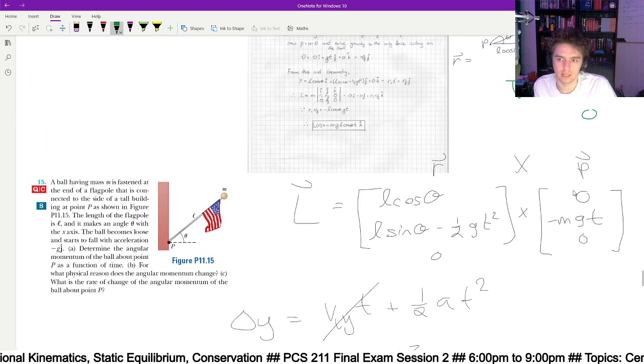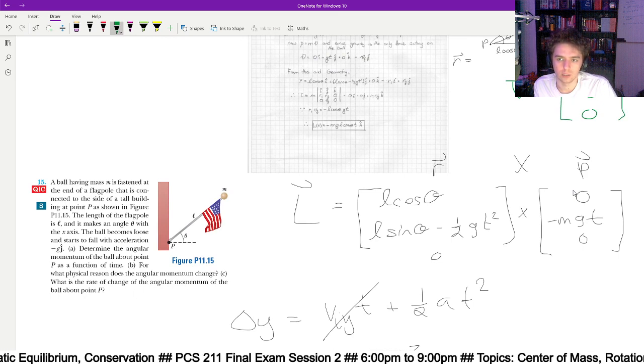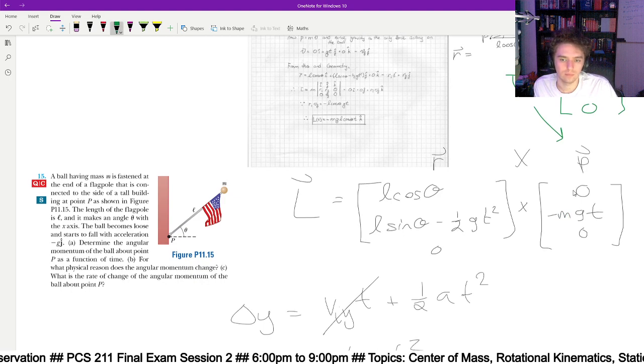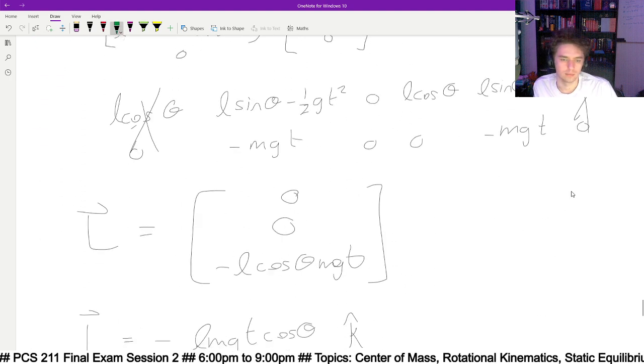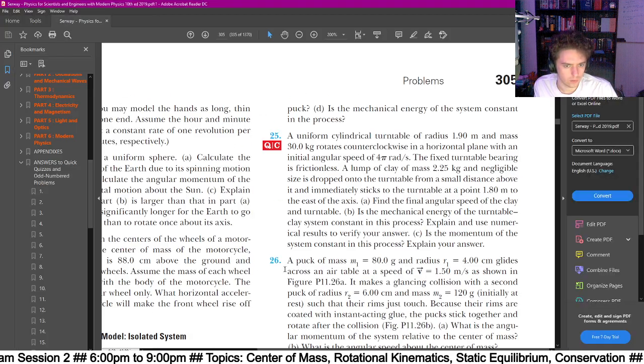So that's what goes there. Negative gt, right? And so momentum is just that times mass. Okay. So that was 15.